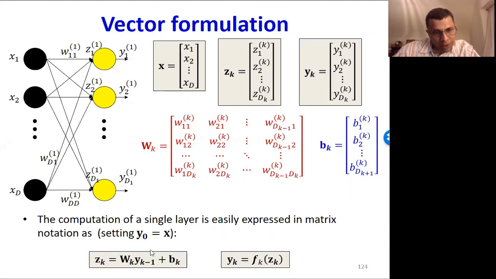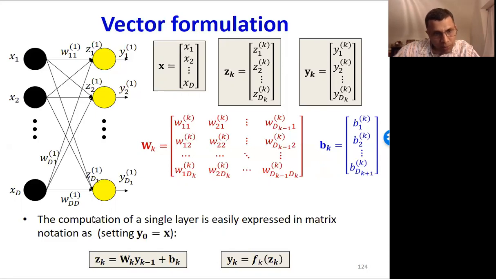And if I write out the output activations of the previous layer as a vector yk minus 1, then I can write zk equals wk times yk minus 1 plus bk. The subscript k means that it's the weights matrix for the kth layer. So this entire operation of computing these affine values for the kth layer gets compressed into this little algebraic equation.